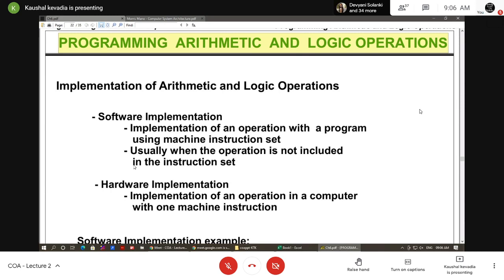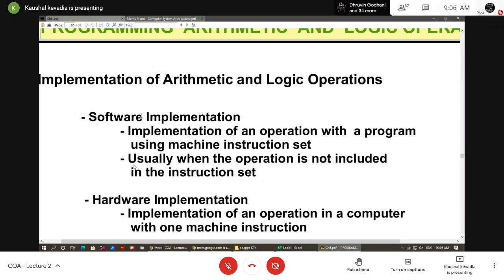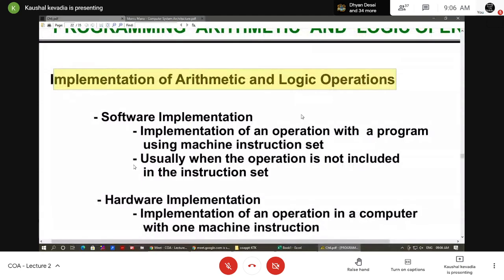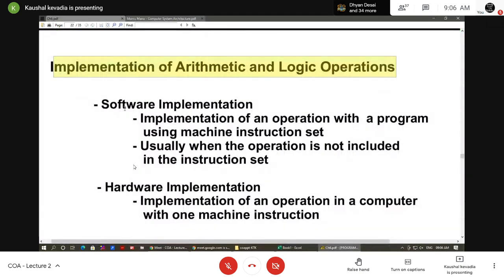Now we have to discuss the other arithmetic operations. Implementation of arithmetic and logical operations is done in two ways. Either we can do it by software implementation or by hardware implementation. Implementation using hardware, we can say, we can execute directly by an instruction.